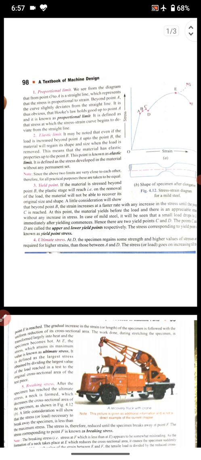Okay, now from B to C it is yield point. Yield point means a set of plastic, or the range of plastic deformation increases, comes in the picture.